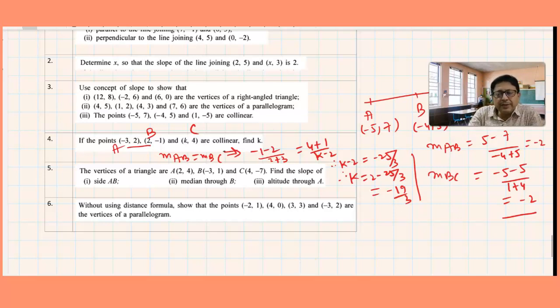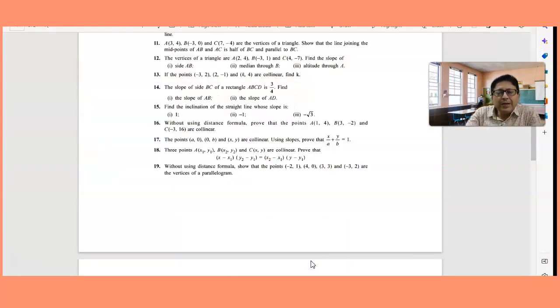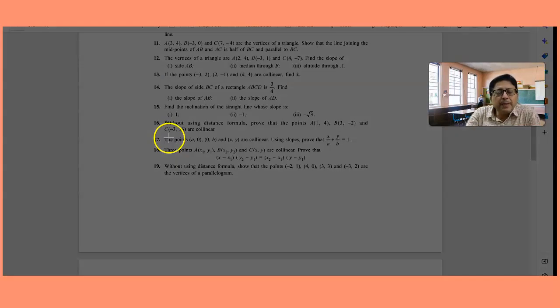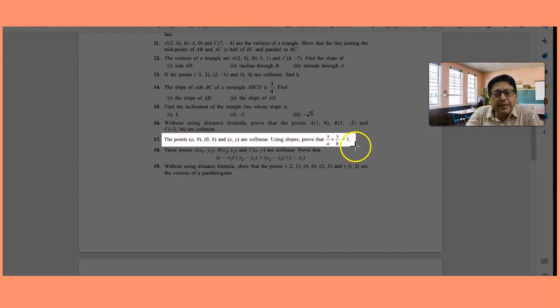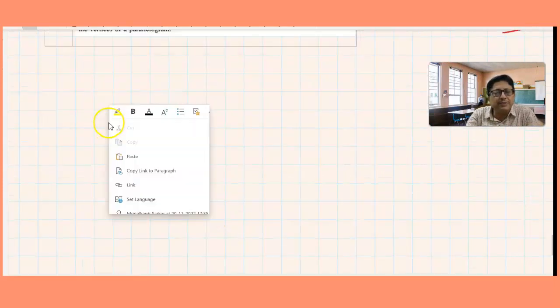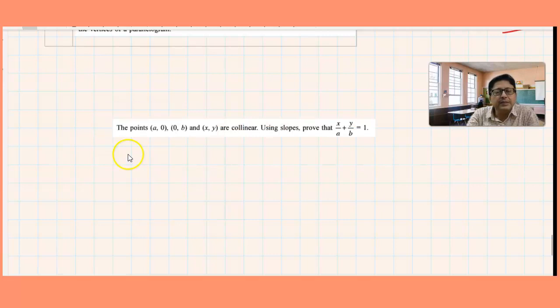Now suppose a question arises in this manner. I am taking this problem where A(0, 0), B and (X, Y) are collinear and they have asked you to prove something. How to proceed?